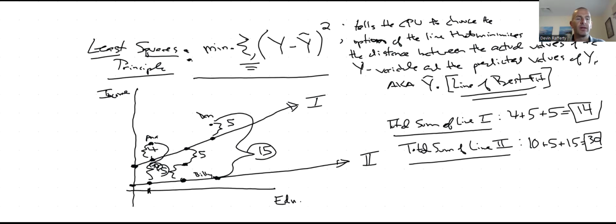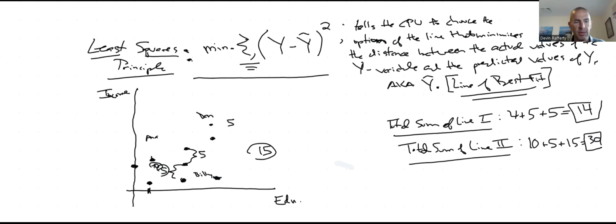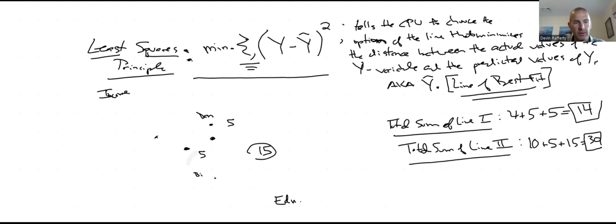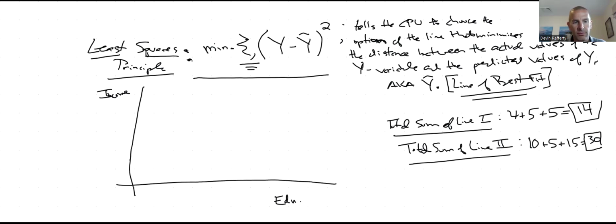If we have the line of best fit, I'm just going to erase a bunch of this now and draw a lot of it back. But if we have the line of best fit, here's line 1.